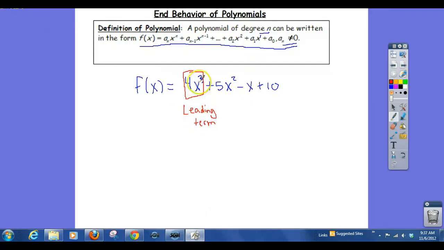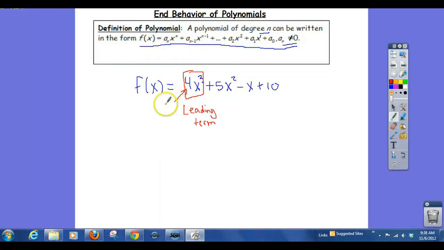It's the leading term not because it's just the first term written, because I could have written the 5x squared first, and the negative x second, and then this third, and the 10 last. But when you write it in standard form, so see how the degrees are going down, then this is called the leading term.